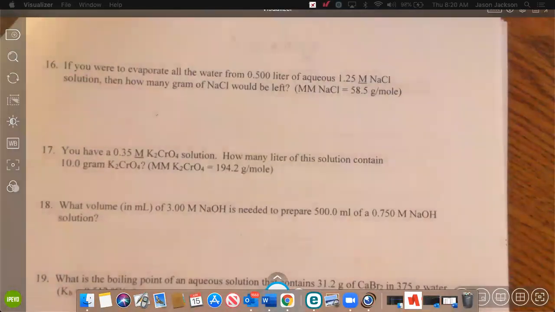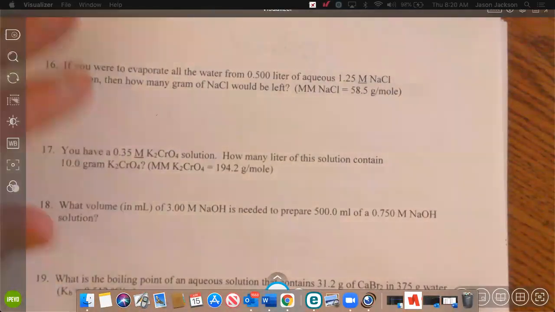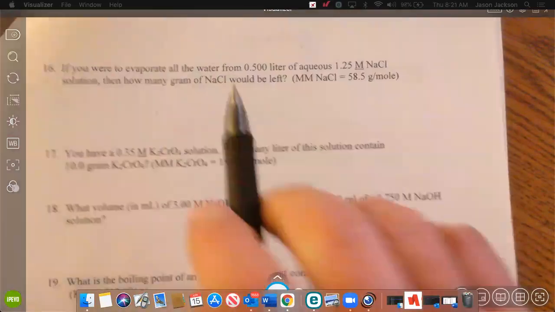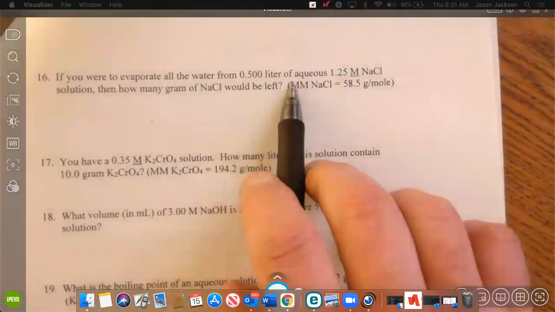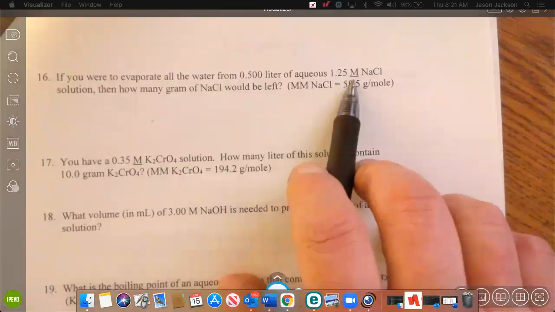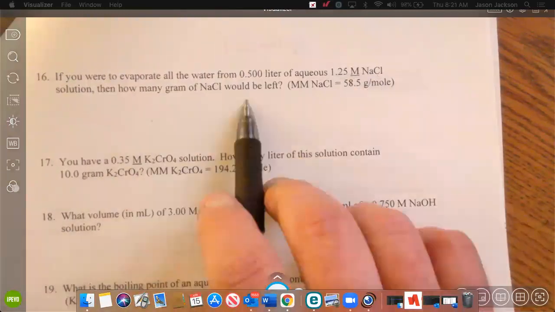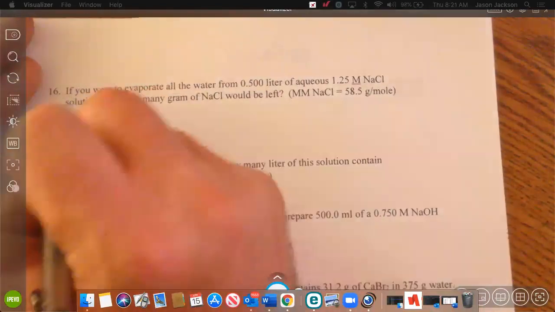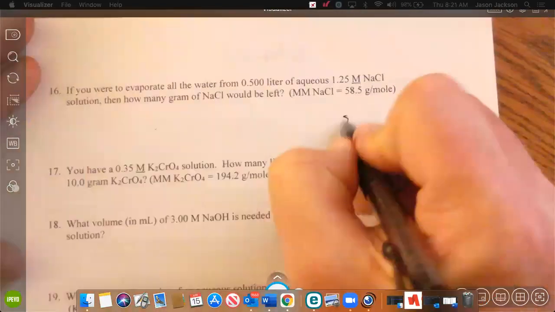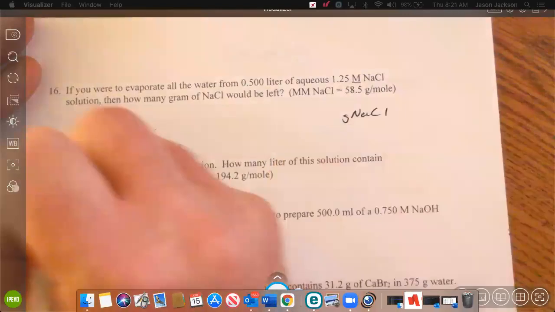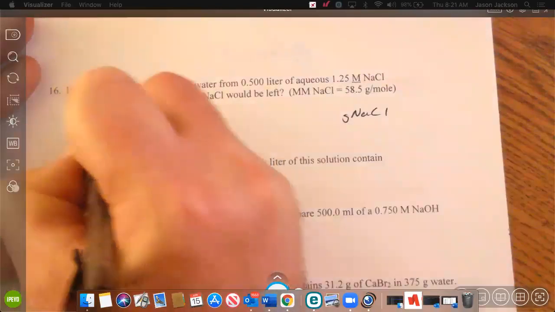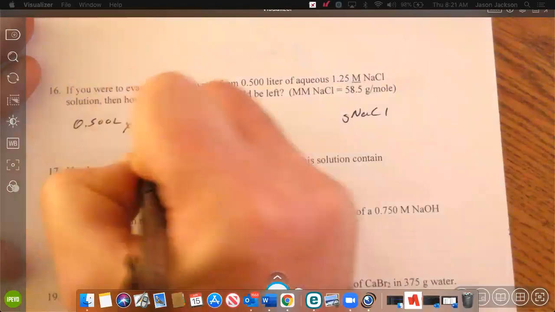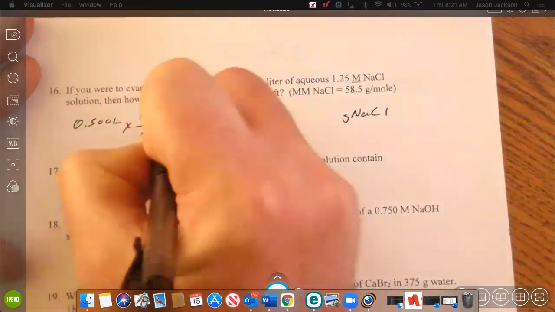If you were to evaporate all the water from 0.500 liter of aqueous 1.25 molar NaCl, then how many grams would be left? We want grams of NaCl. 0.500 liter. Every 1 liter has 1.25 moles.